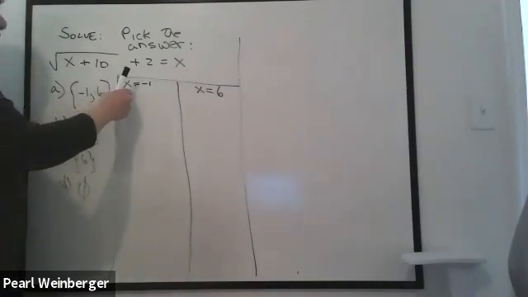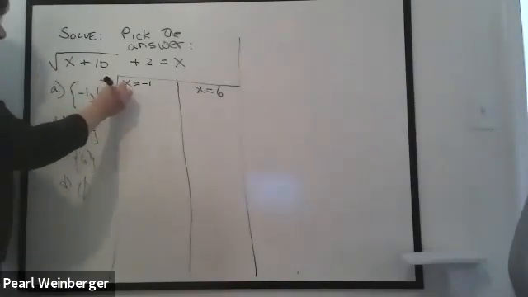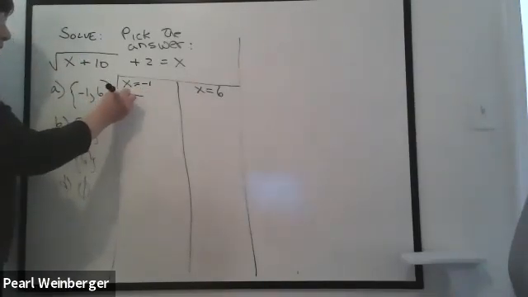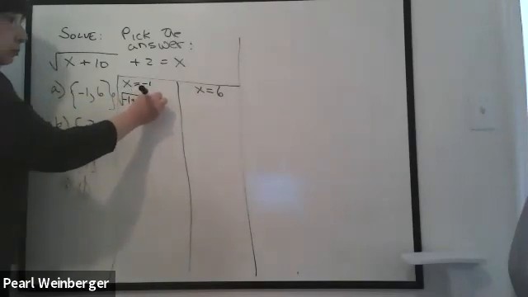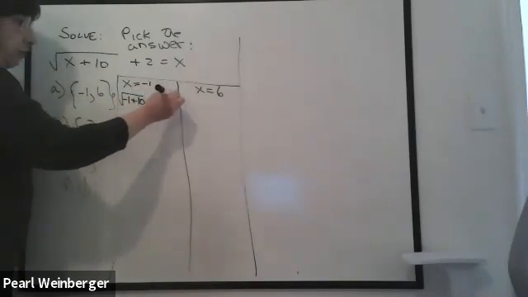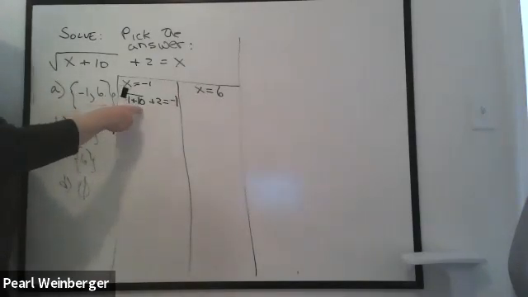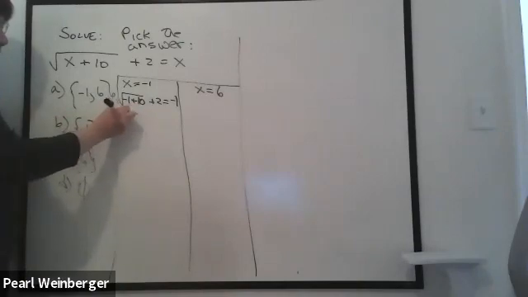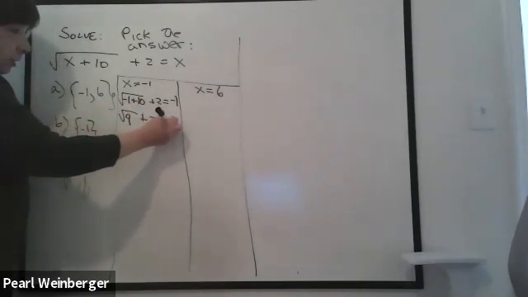So checking x equal to -1, I'm going to replace the x with -1, and this will give me the square root of -1 plus 10, plus 2 equals -1. Well, -1 plus 10 is 9, so this is the square root of 9 plus 2 equals -1.